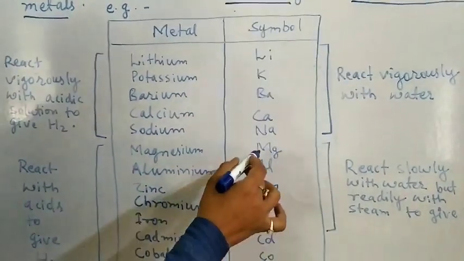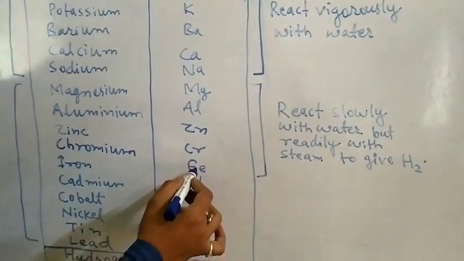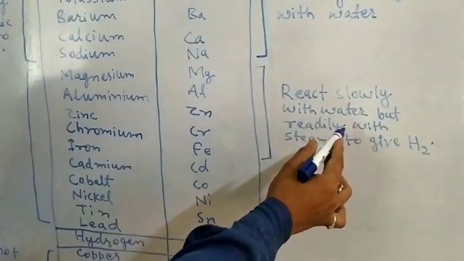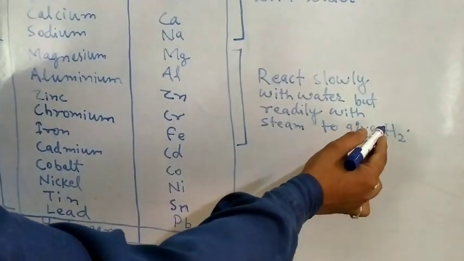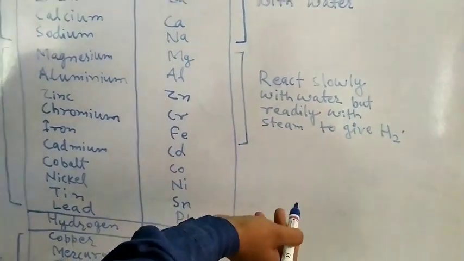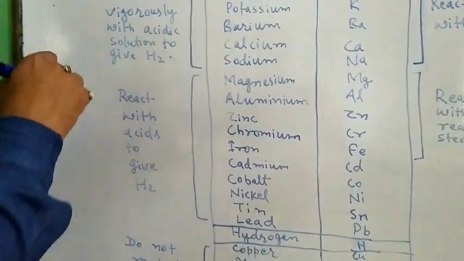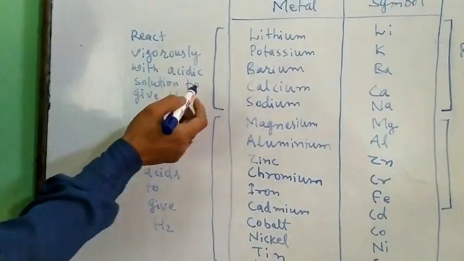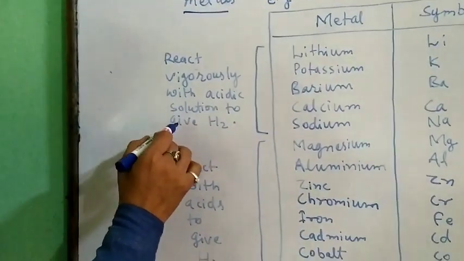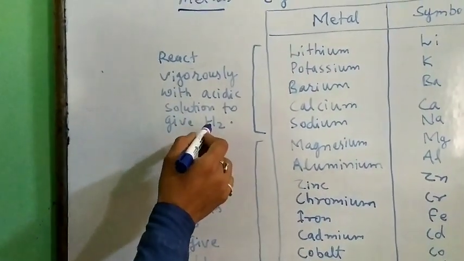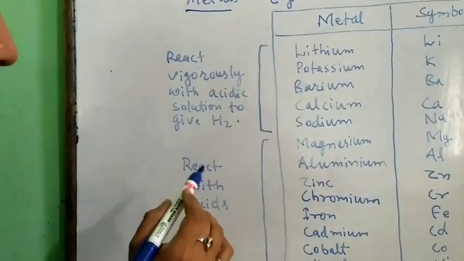Next, magnesium to iron react slowly with water but readily with steam to give hydrogen. On the other hand, if we react these elements with acids, they give hydrogen with a vigorous reaction.